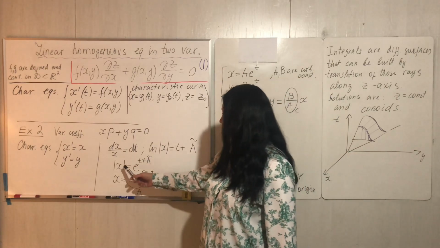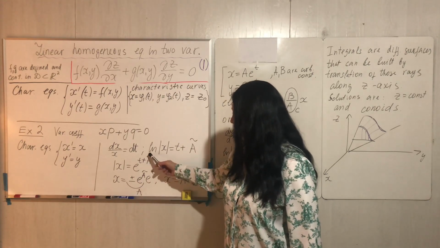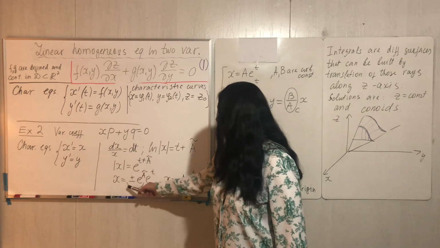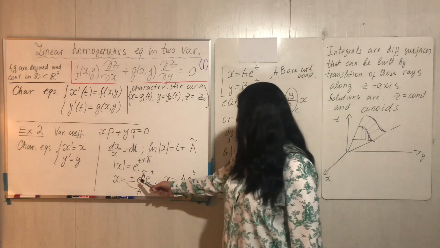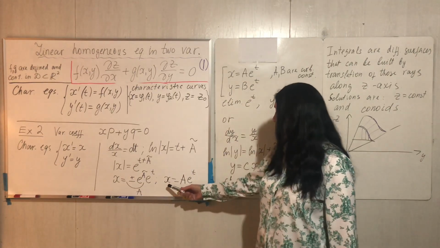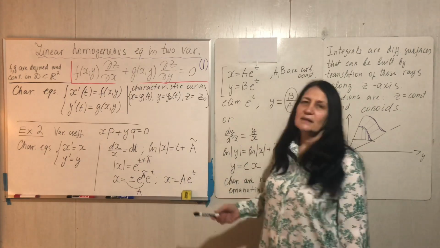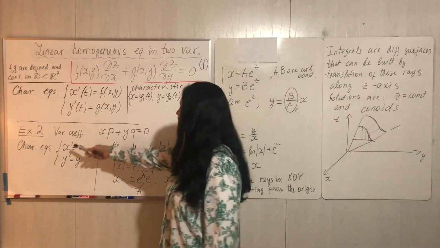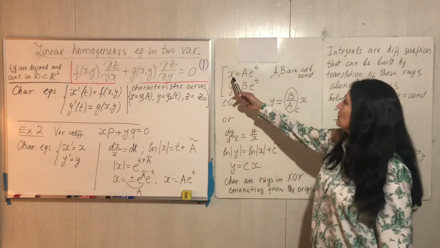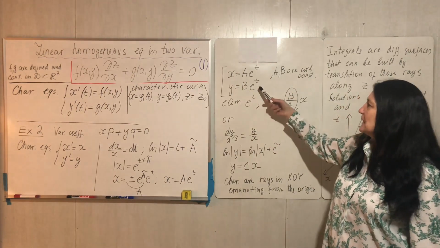Then we can rewrite, instead of the absolute value, plus or minus e to the a, and this whole thing will be some unknown constant. So finally our solution has the form x equals a times e to the t, where a is an arbitrary constant. And the equation for y is exactly the same, so we will have x equals a e to the t, y equals b e to the t.